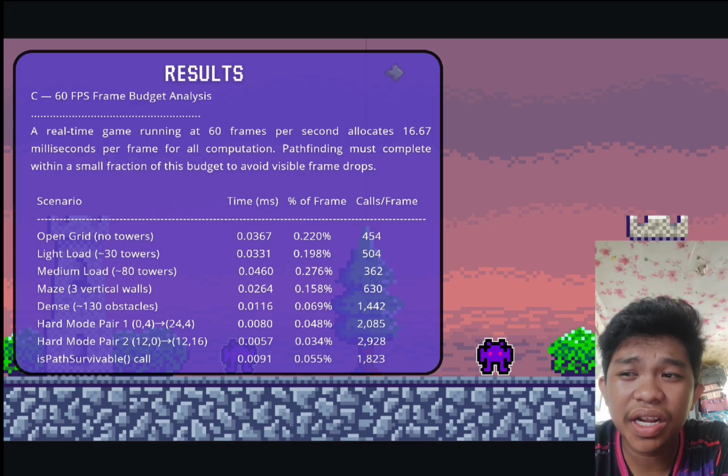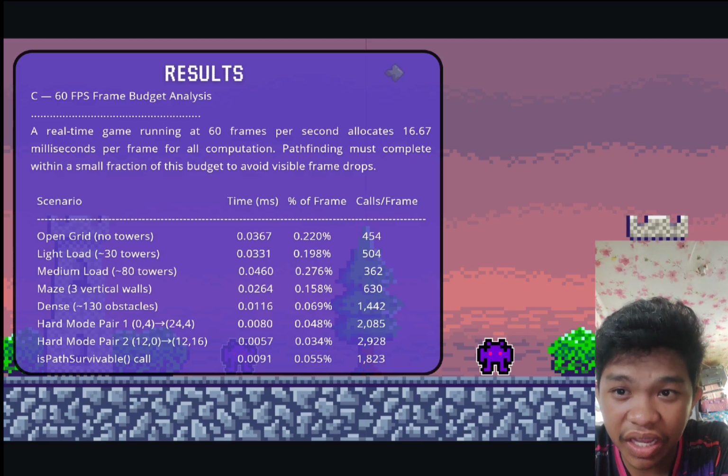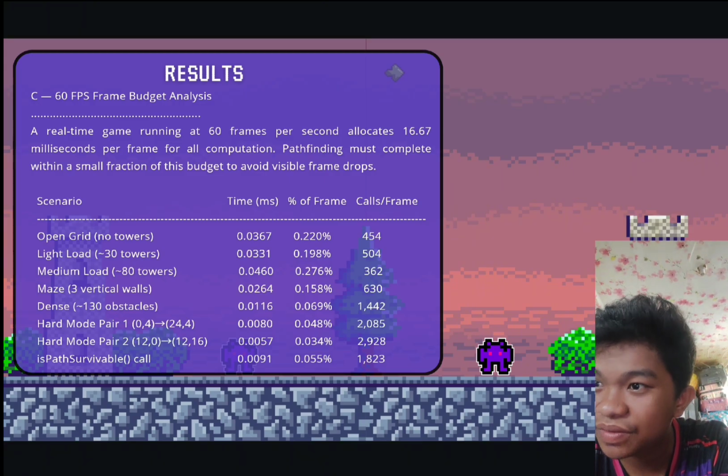Dense, 130 obstacles, with a 0.0116 ms time, 0.069% of frame, and 1442 calls per frame.